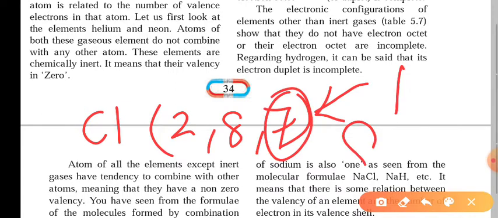The 7 will become 8. Okay, so valency for this it will be minus 1, because it's accepting 1 electron.